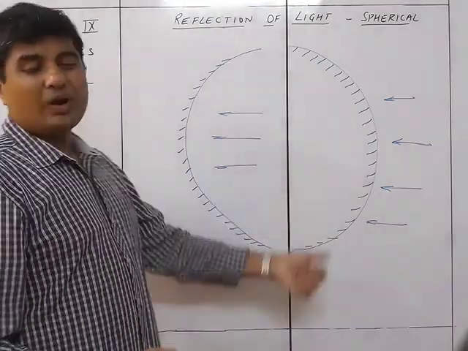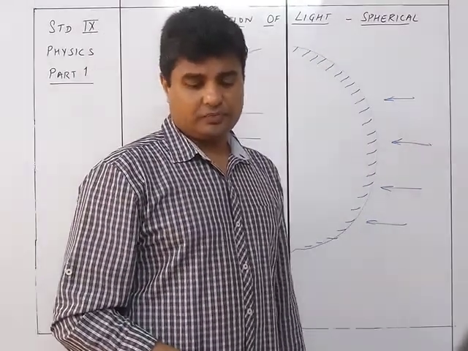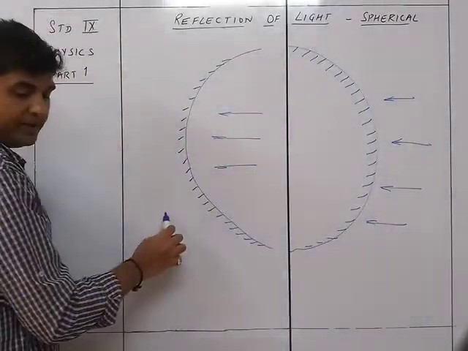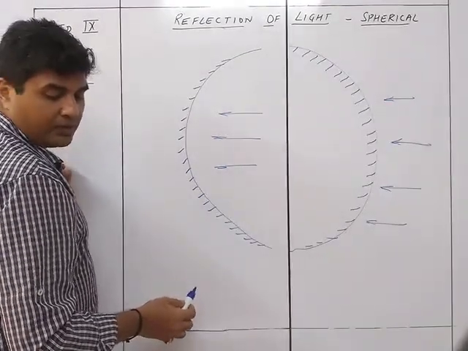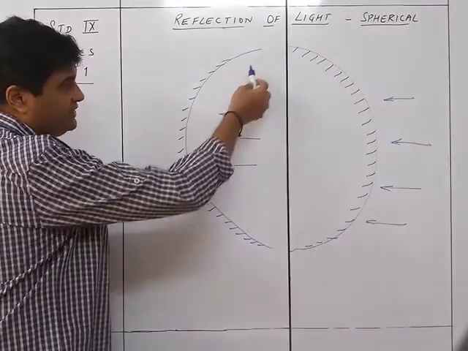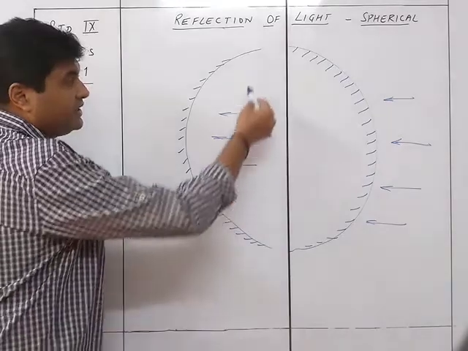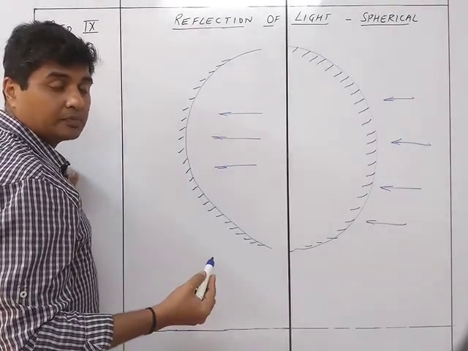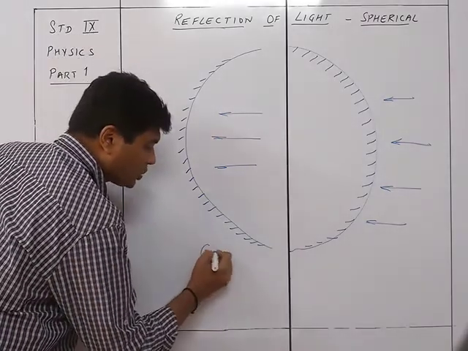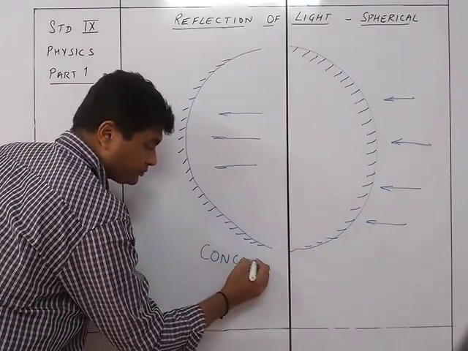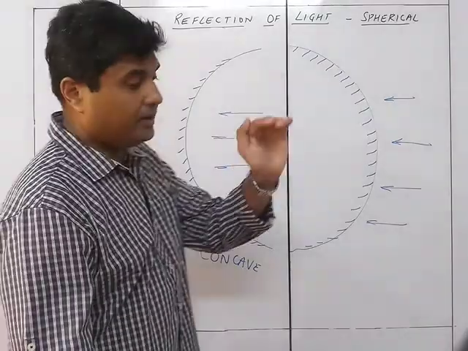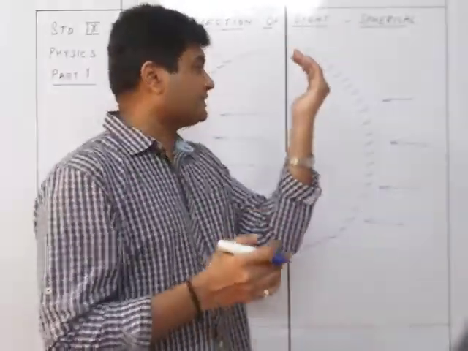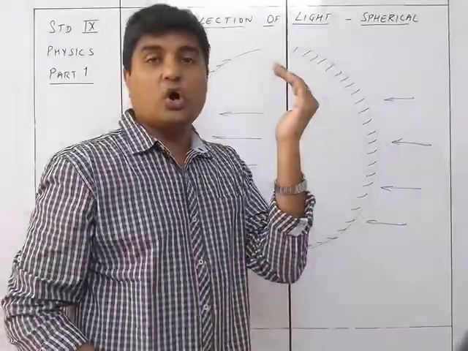Then these are the two kinds of spherical mirrors. In this one, the inner surface, which is curved inward, is the reflecting surface, and it is called concave. If I am able to see the inner part, it is like a cave, concave.